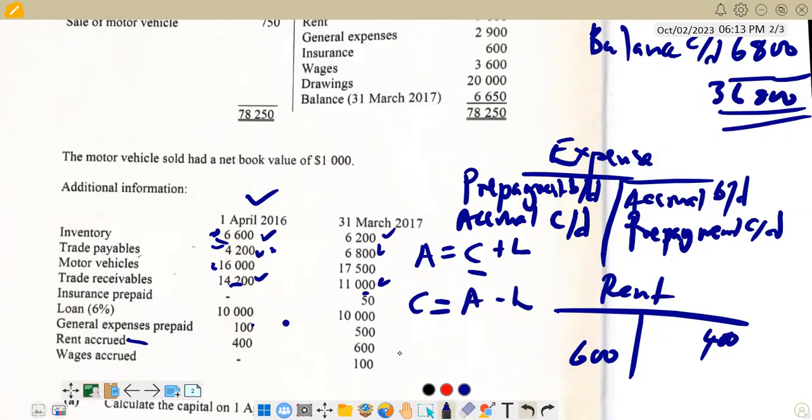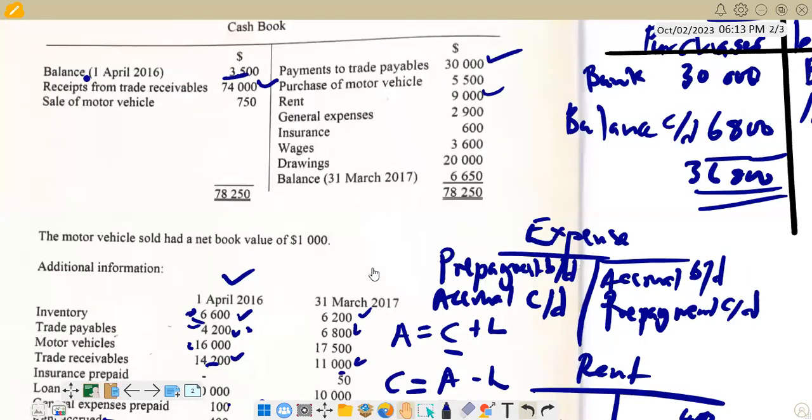And then the amount that was paid for rent. Remember, when we are paying, we credit the bank or cash, and then we debit the expense account. That's the double entry. So we go to the cash book to see what amount was paid for rent.